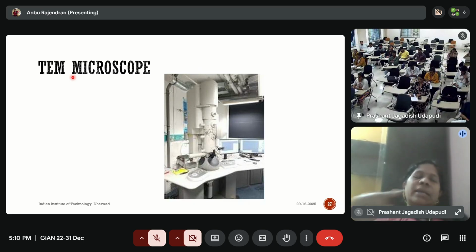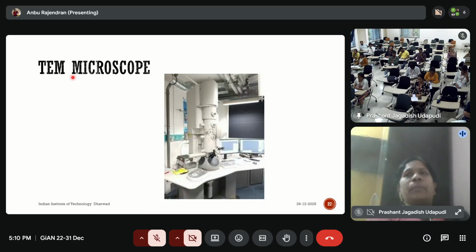Use the emery sheet, polish, and thin down to whatever minimum thickness you can reach, either 80 microns or 70 microns. Then you have to cut small discs. The standard is 3 discs extracted from the thinned-down sheet. From the bulk you have to slice the sample, and from the slice you thin down to 70 or 60 microns.